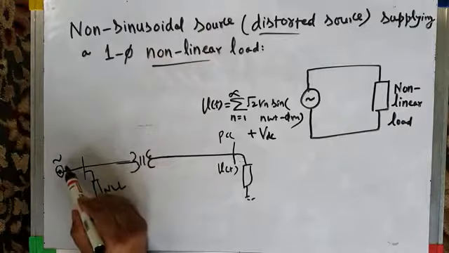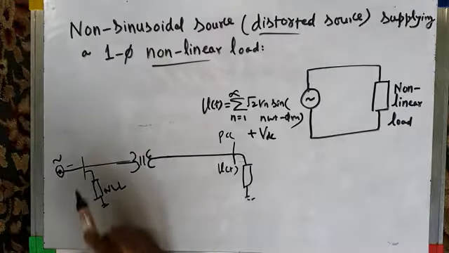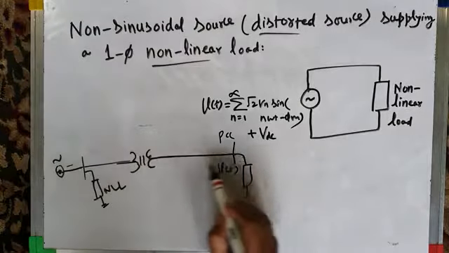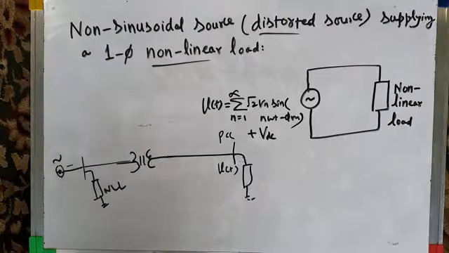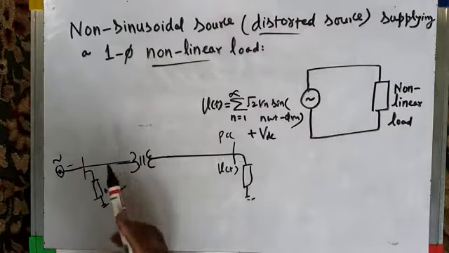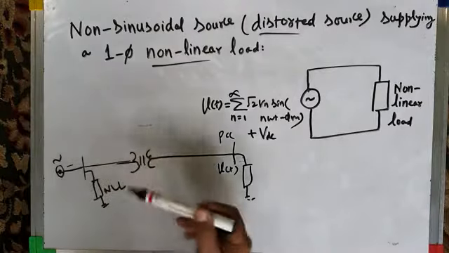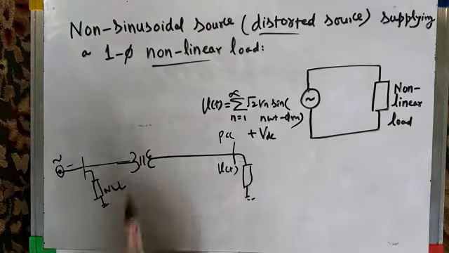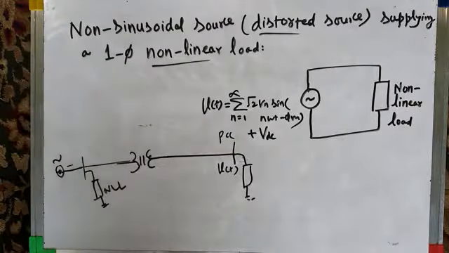When these distorted currents flow in the feeder, the feeder impedance will result in distorted voltages. So all these voltages will get distorted. So the distortion in the supply voltage, or the voltage at the point of common coupling, may be due to some non-linear load upstream, which along with the feeder impedance will cause distortion in the voltage at the point of common coupling.